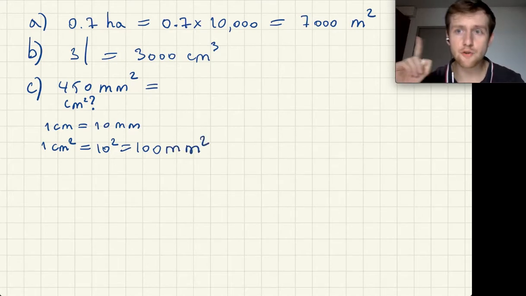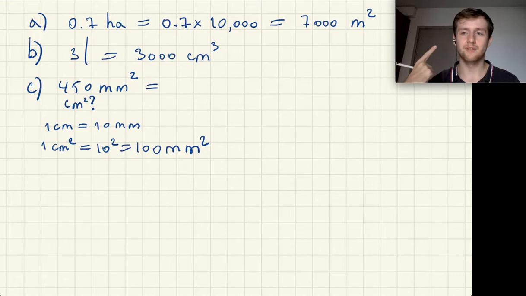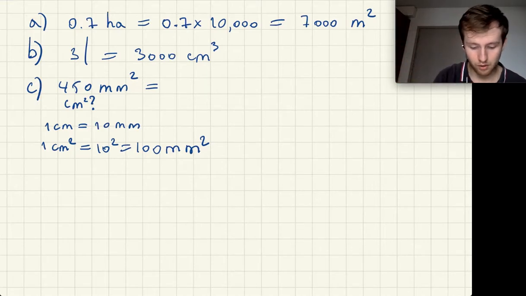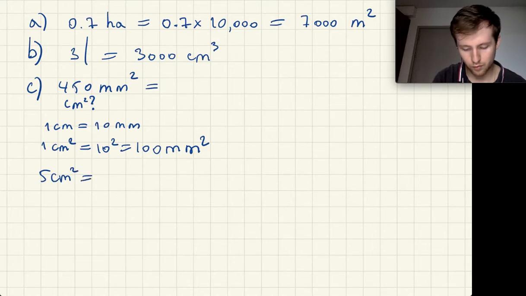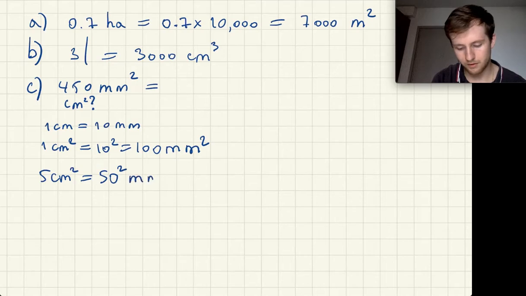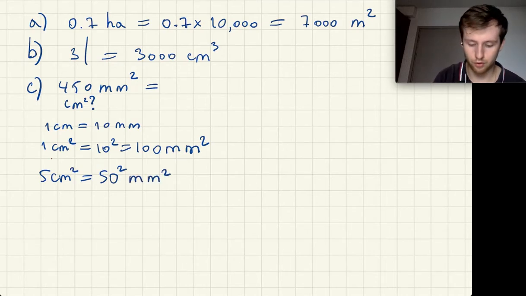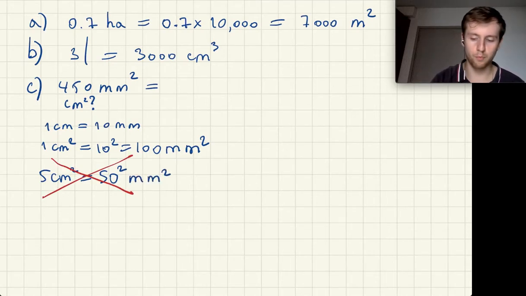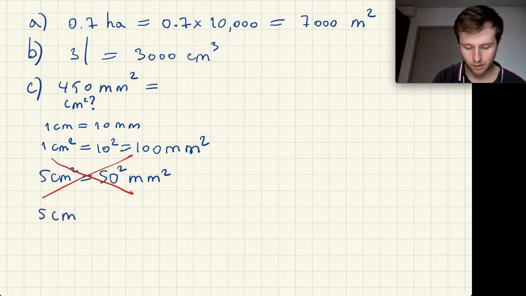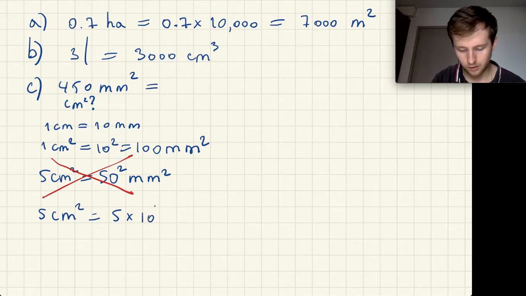But you can only use this to convert one unit. For example, you can't do this: 5 centimeters squared equals 50 squared millimeters squared. No, this is not what you can do. 5 centimeters squared equals 5 times 10 squared millimeters squared.